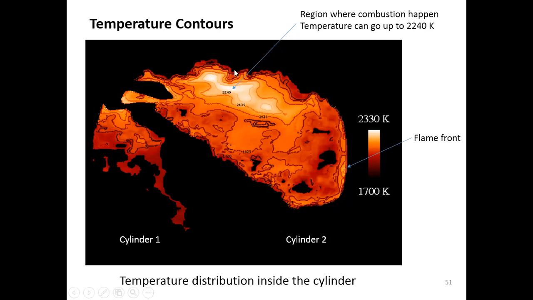This is the region where we have high temperatures, and the flame front is right here, where we have much lower temperatures. So you see the temperature difference across the combustion chamber, not a uniform one, for the CI engine, because we have heterogeneous content in the combustion chamber.